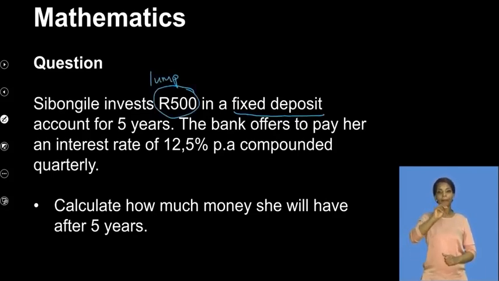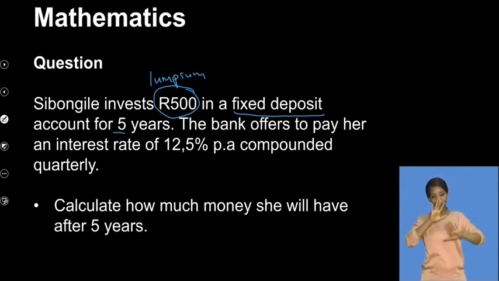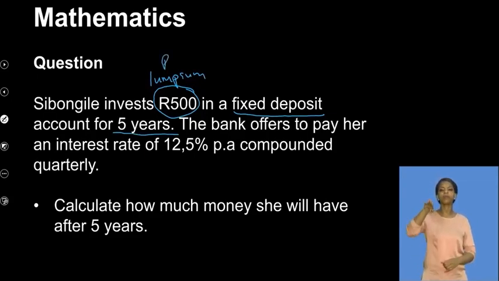So this person just takes the 500 rand, throws it in the bank and leaves it there for a duration of 5 years. The bank says, we are going to offer you, or to pay her rather, an interest rate of 12.5% per annum. Per annum is when we are considering nominal interest rate.